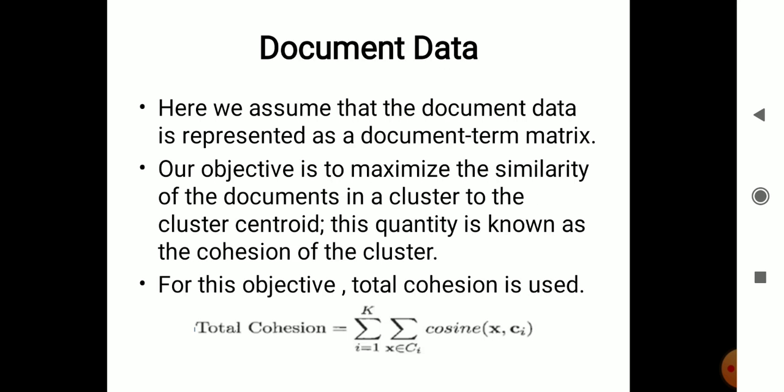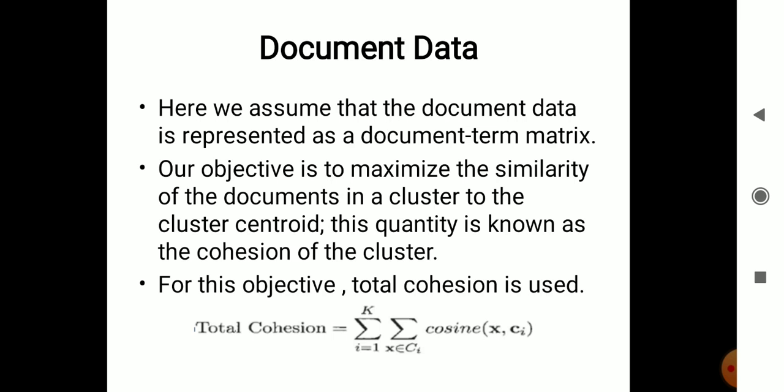And suppose the data you are considering is not Euclidean space data, and it is document data, then k-means can still be considered. We can consider the document data, and the cosine similarity measure can be applied here. Here we assume that the document data is represented as a document term matrix. What do you mean by document term matrix?